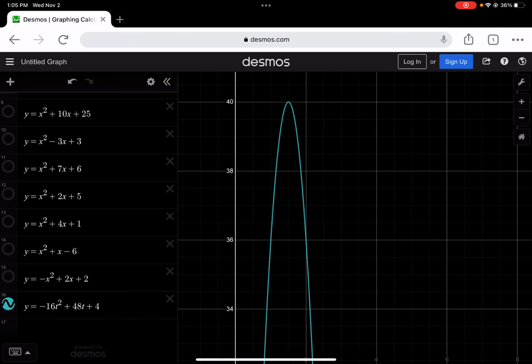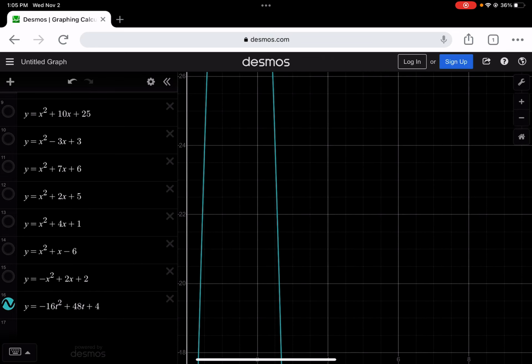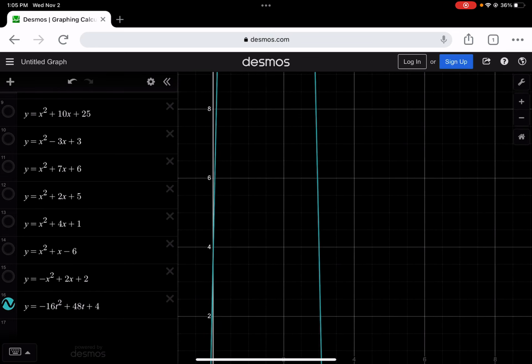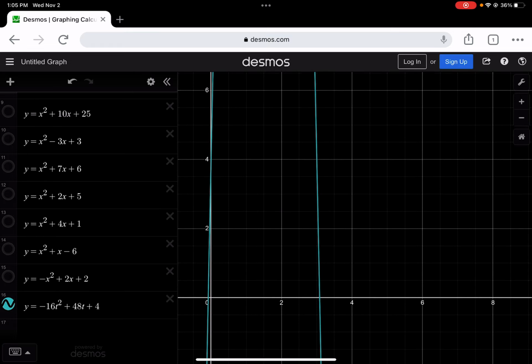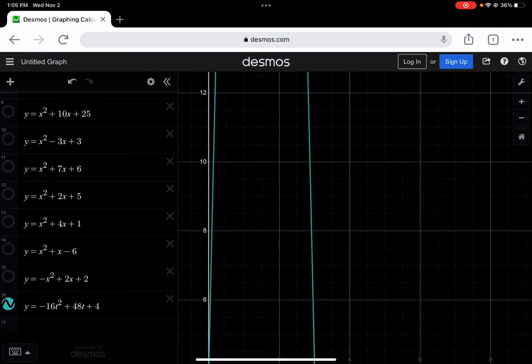And then they start falling back down, down, down, down, down, and they hit the water. Hopefully, they hit the water at 3.081 seconds. So if it wanted to know when do they hit the water, that's when they hit the water, 3.081. If it wanted to know how high were they at 2 seconds, well, I can find that out.